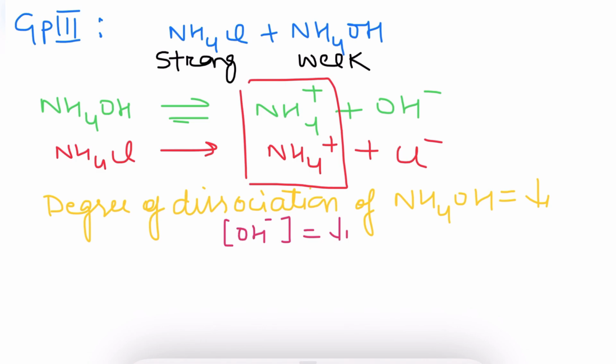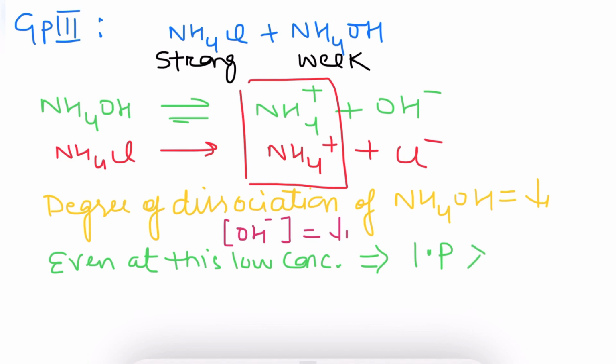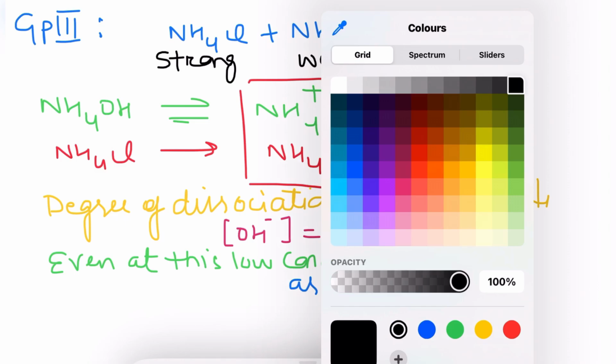So even at this low concentration, the ionic product of group 3 radicals is more than the solubility product, which results in the precipitation of group 3 radicals as hydroxides. So we get a metal hydroxide precipitate only for group 3 members. Why so? Because their ionic product is more than the solubility product.